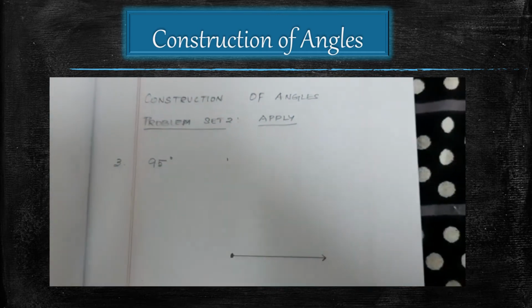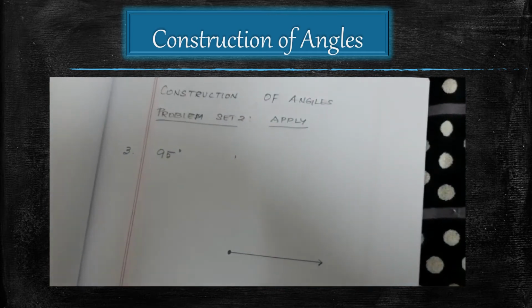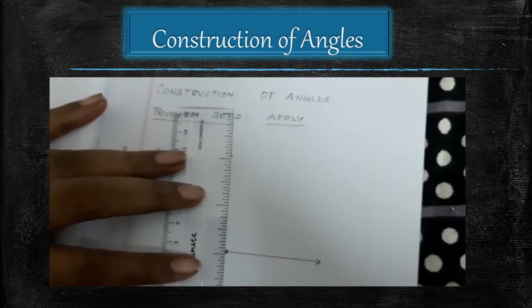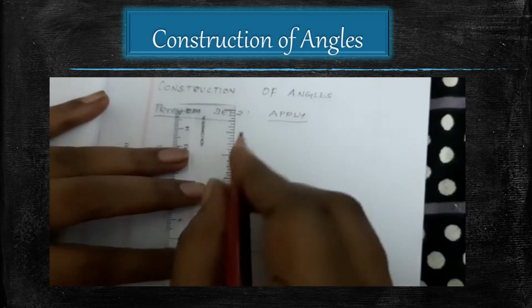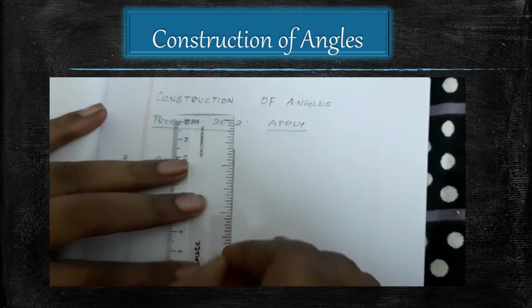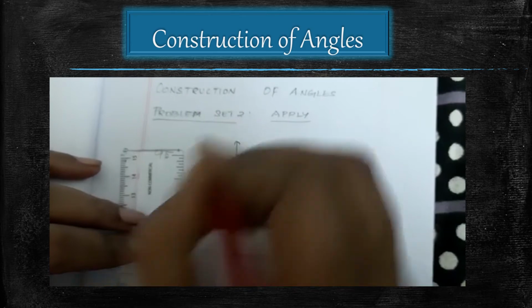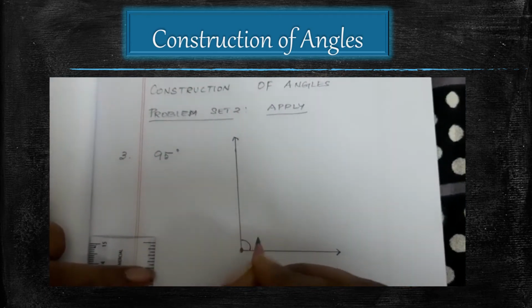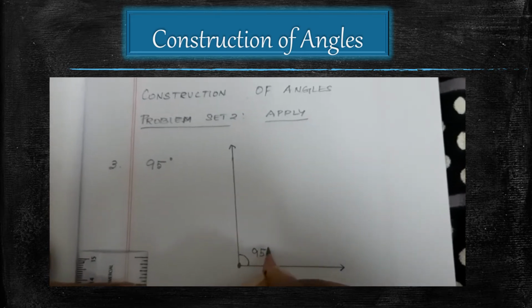Now take a ruler, join these two points, and you will get the angle of 95 degrees. This should also be a ray. Now the angle here is 95 degrees.